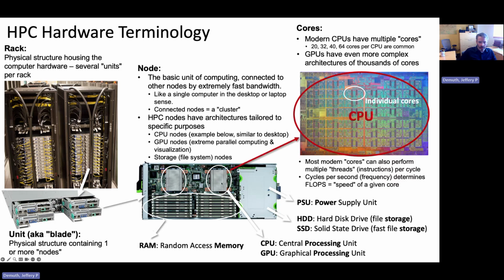But then just to be clear, the other parts of this node, all of this is the RAM. So these are little cards that have RAM chips on them. So that's the memory component. And then under this housing, you would find things like the power supply, just the PSU, hard disks or solid state drives. That's the storage component.